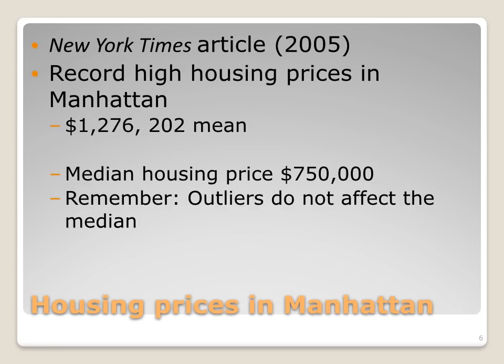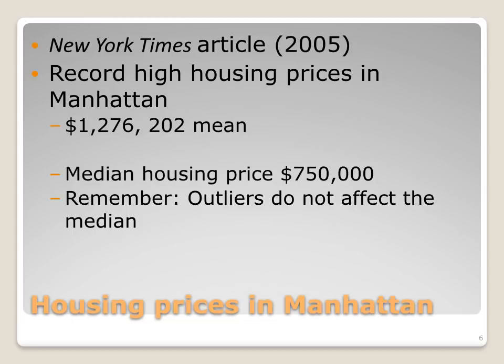Here is an example of how using the mean and the median can lead to different conclusions and why we want to think about which measure to use. A New York Times article published in 2005 reported record high housing prices in Manhattan. The reporter said the mean price of a home was over $1 million.